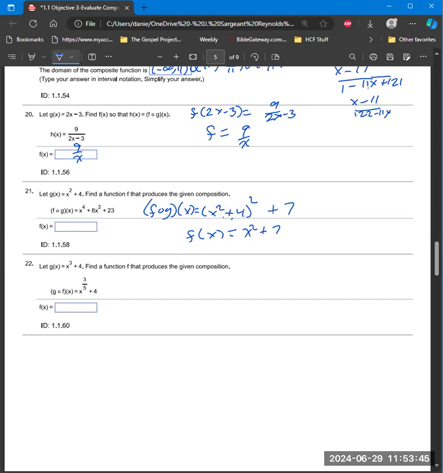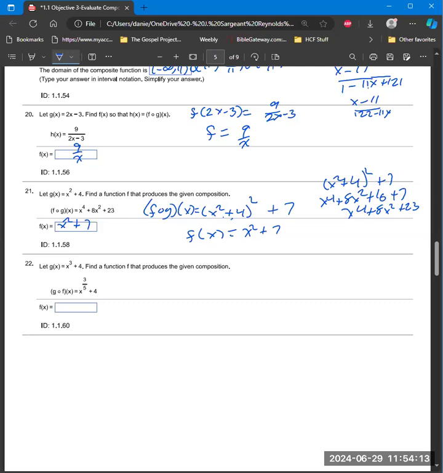Make sure that that's right and check it. x squared plus 4 squared plus 7, x to the 4th plus 8x squared plus 16 plus 7 is going to be x to the 4th plus 8x squared plus 23. Right, that's what I want. x squared plus 7 for my f of x.